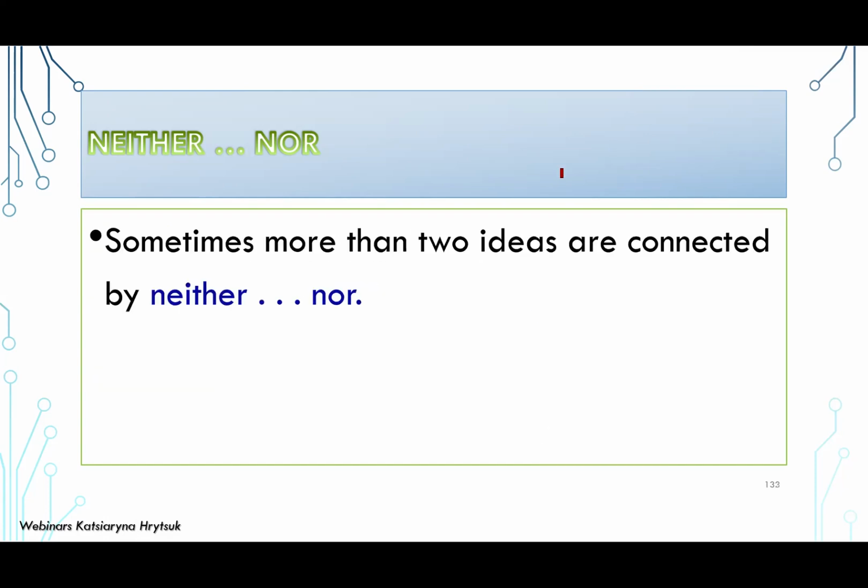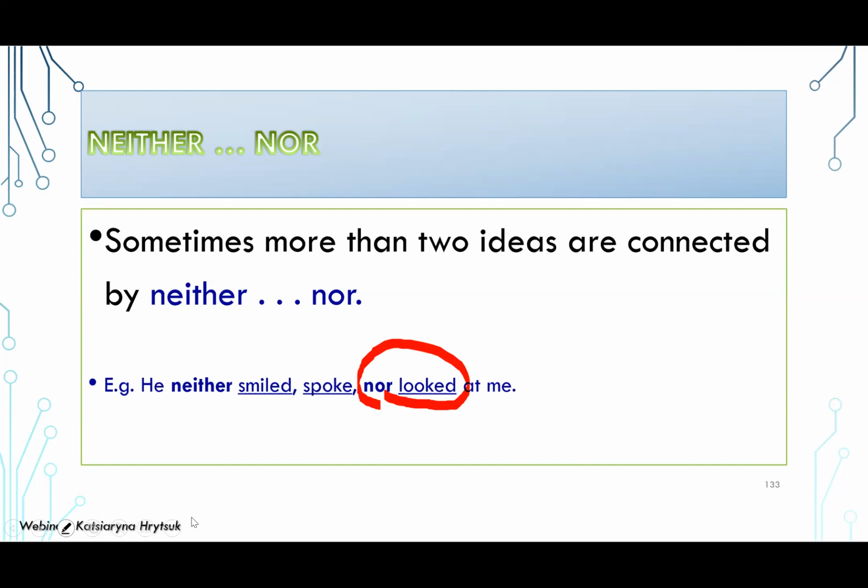Then sometimes more than two ideas are connected by neither or nor. He neither smiled, spoke, nor looked at me. So it means he didn't smile, he didn't speak, he didn't look at me. So he has three different ideas. You can combine even more, it's not a problem. You say neither, then you give the examples, and before the last one, you place nor.